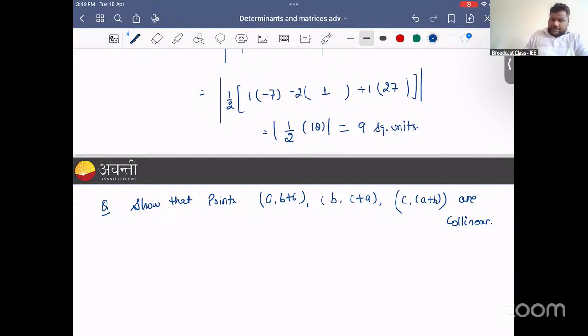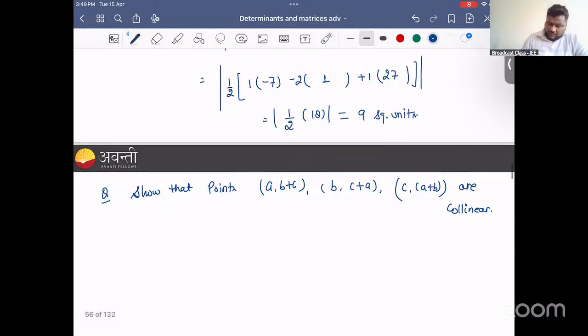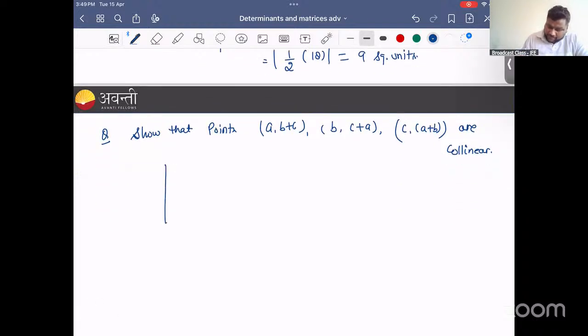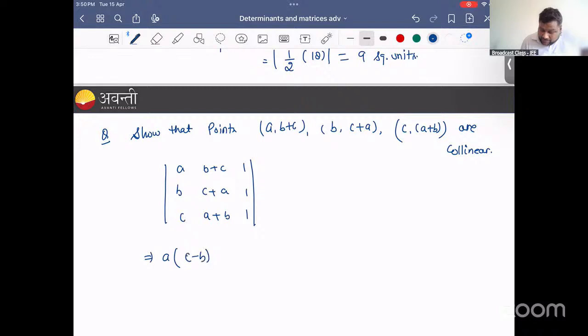What should be the area of triangle? Now it will be determinant A, B plus C, 1, B, C plus A, 1, and C, A plus B, 1. You just calculate the value of this determinant. So that would be A times (C minus B) minus B times (C minus A) plus C times (B minus A).